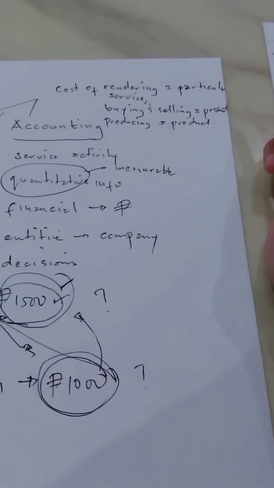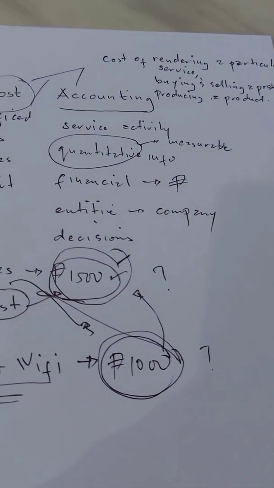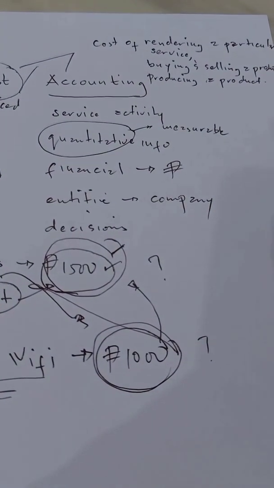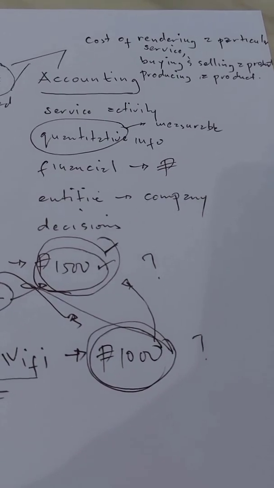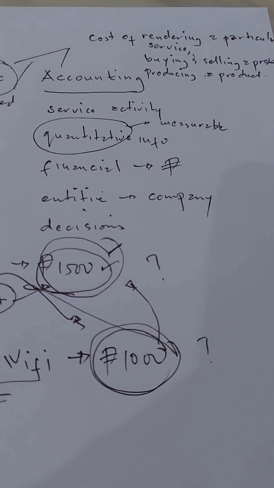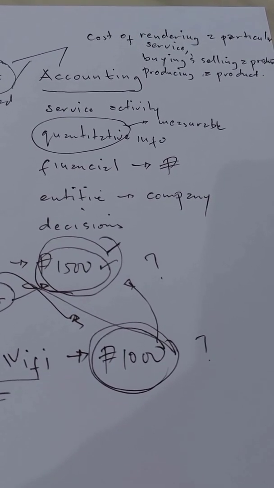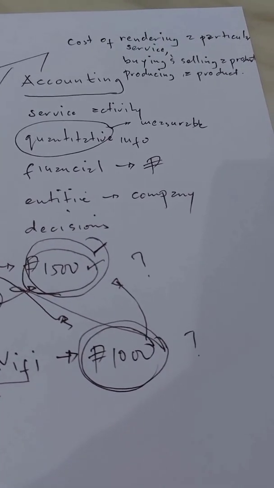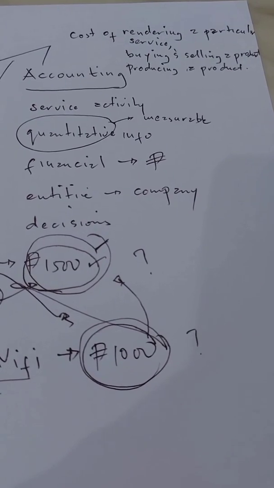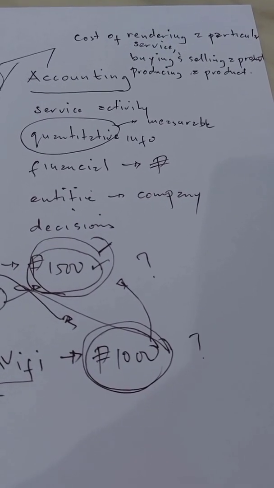Okay, so pag sinabi natin cost accounting, so sabi dyan, it is an expanded phase of general or financial accounting which informs management promptly with the cost of rendering a particular service, buying and selling a product, and producing a product.